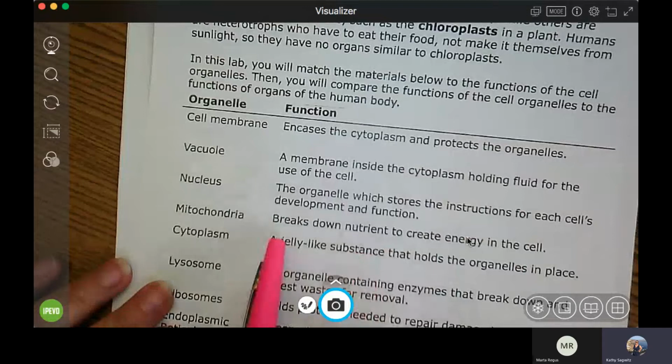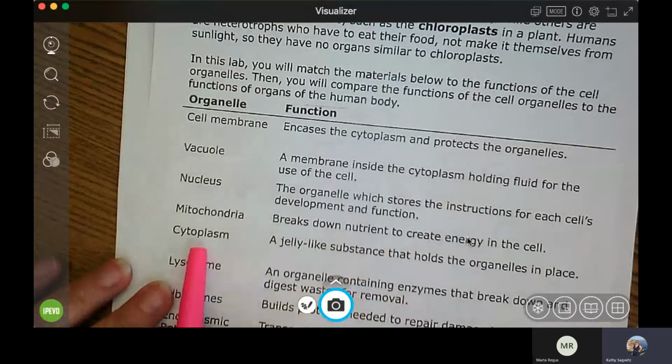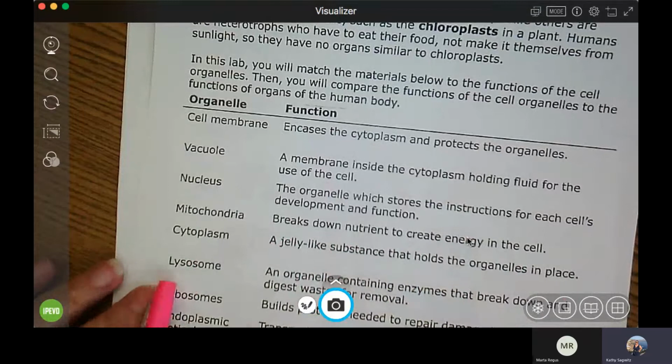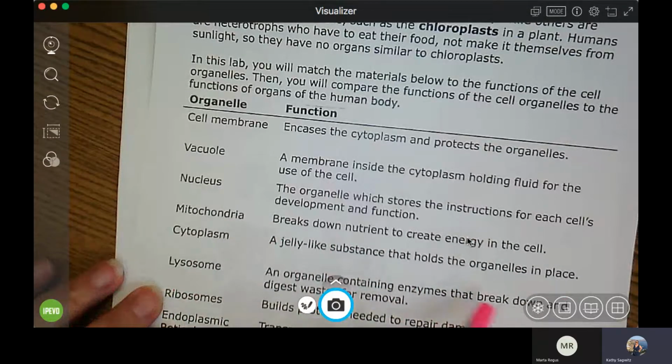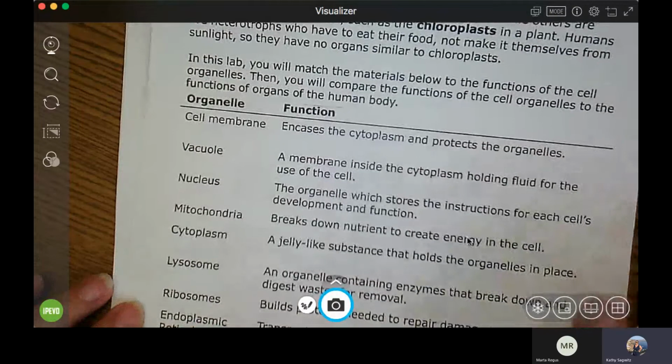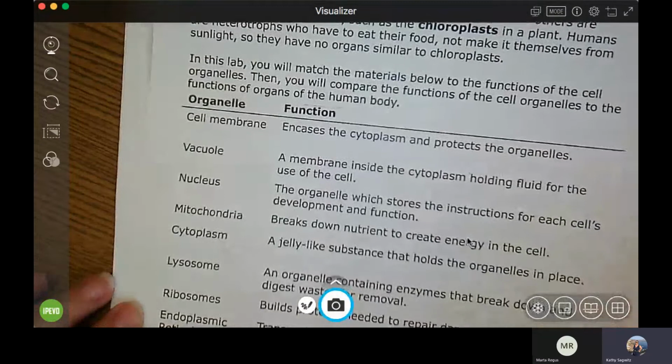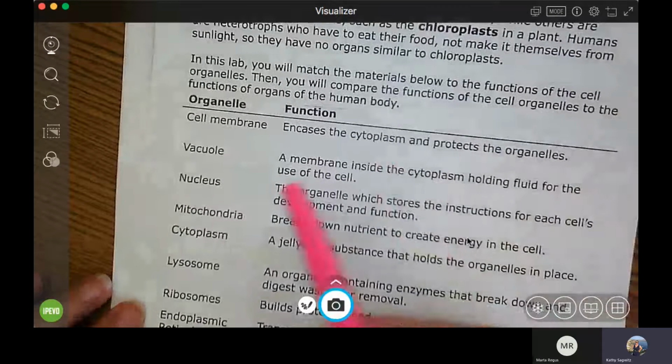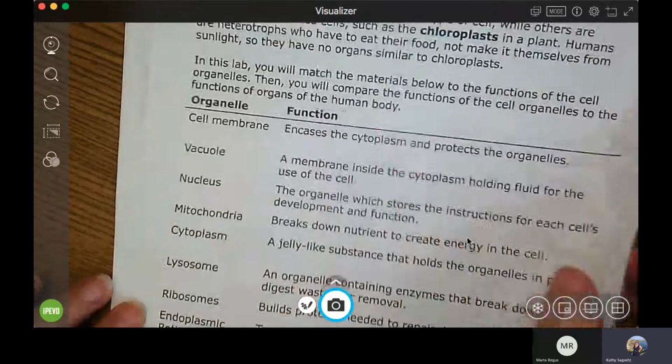Because the mitochondria breaks down nutrients and creates energy. The cytoplasm is a jelly-like substance that holds the organelles in place. The lysosomes are an organelle containing enzymes that break down and digest waste. Ribosomes build proteins needed to repair damage in the cell, and the endoplasmic reticulum transports materials through the cell. So I still think our best choice there is nucleus.